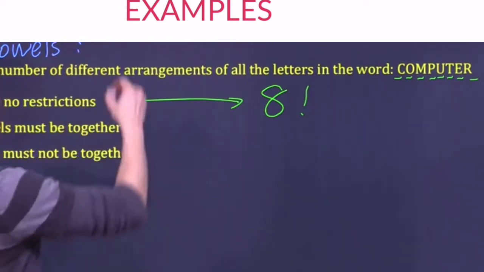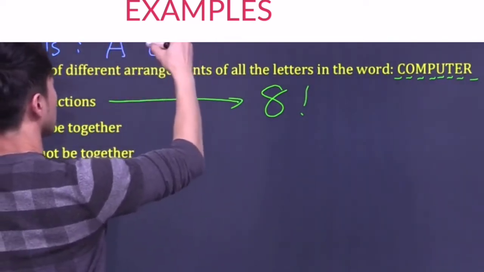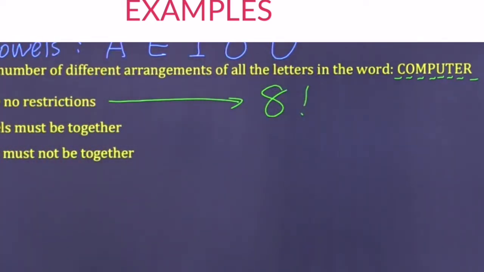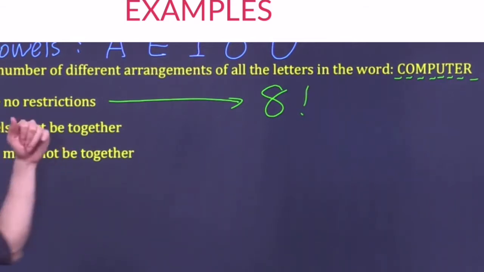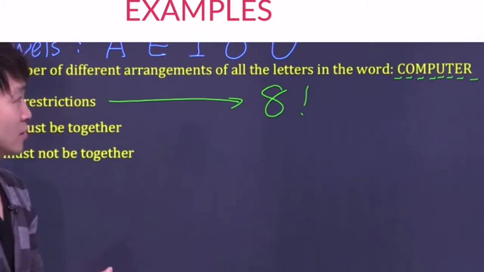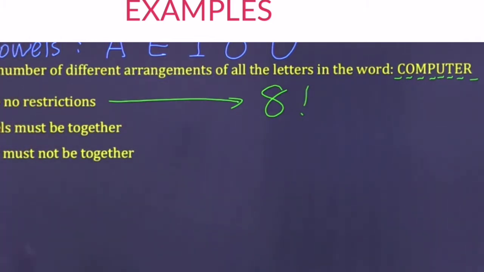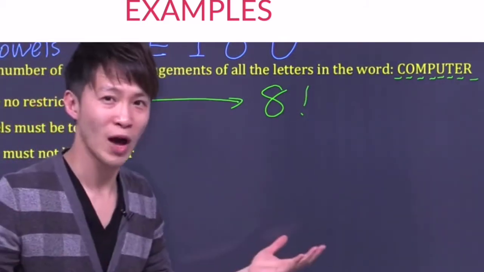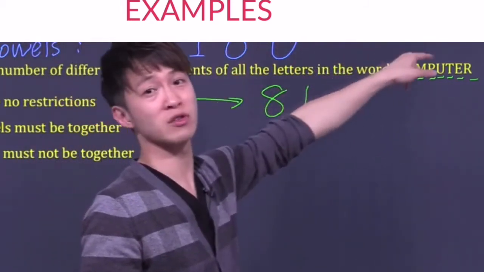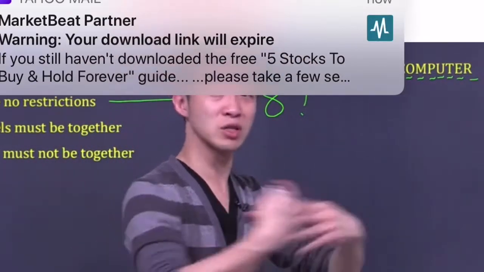A, E, I, O, U. For the second question here, we are starting to add restrictions. And whenever we have a restriction, what do we have to do? Guys, no big deal. We must deal with restrictions first and then proceed with the rest of the question.